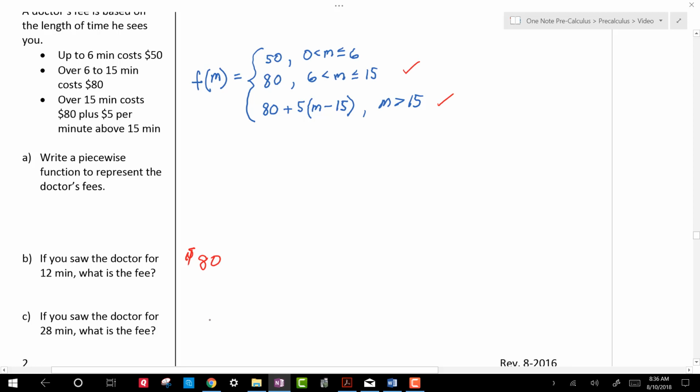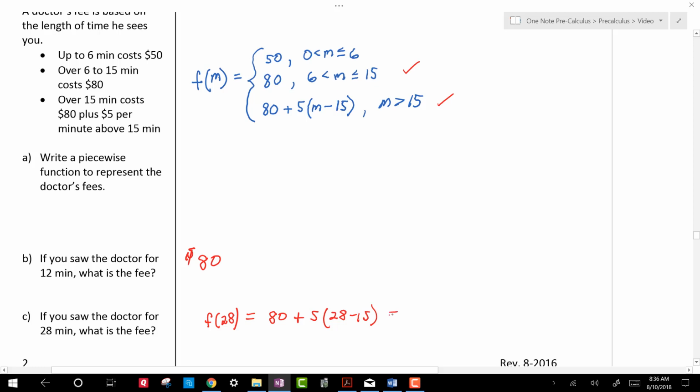So this time I would plug in f of 28 equals 80 plus 5 times 28 minus 15. Now again, why did I subtract the 15? Because I've already paid for the 15 minutes in that second function at $80.